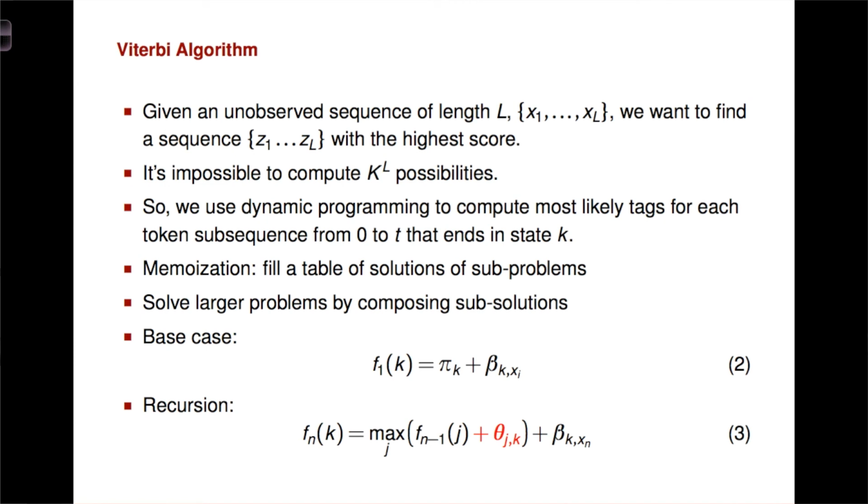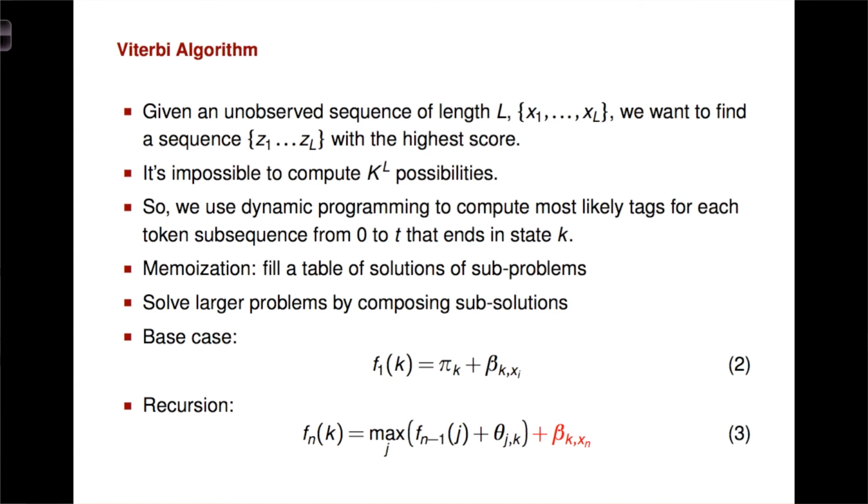You add that to your previous score, and then you add in the score for ending at this word, whatever word is at position n. So then you have the score of part of speech k giving you word x_n. That's your score of the subsequence ending at position n with part of speech k.